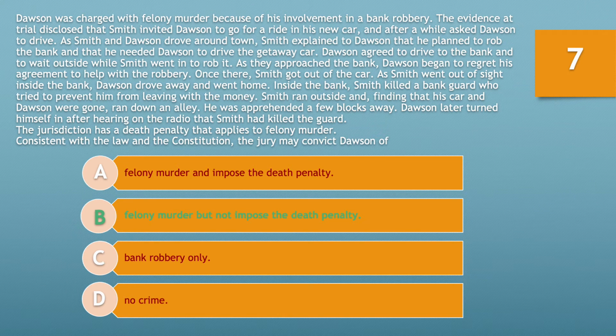Well, that would be incorrect because he did not, in fact, abandon the crime prior to having given any notice to the other individual, and the other individual then subsequently went into the bank and committed a murder. So on a theory of accomplice liability, the client here would theoretically be liable on that accomplice liability. D, no crime. Clearly that's incorrect based on the prior analysis.